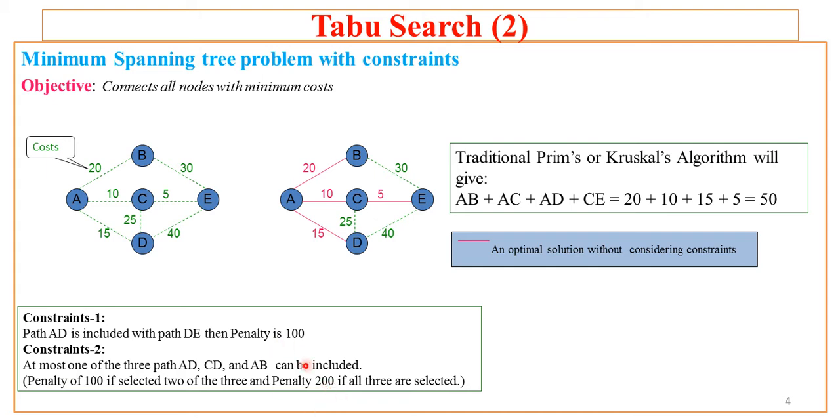Now with these constraints, if we evaluate the solution of either Prim's or Kruskal's, it won't be 50, that is, the minimum cost of the spanning tree will not be 50, it will be something else, which we'll see in the next slide.